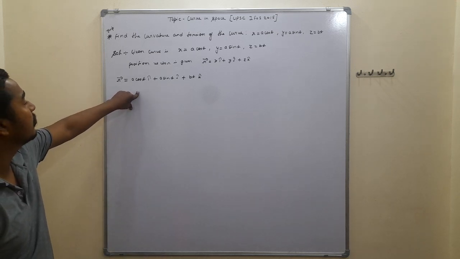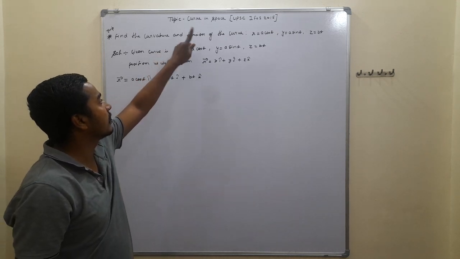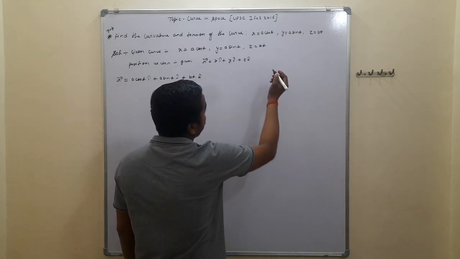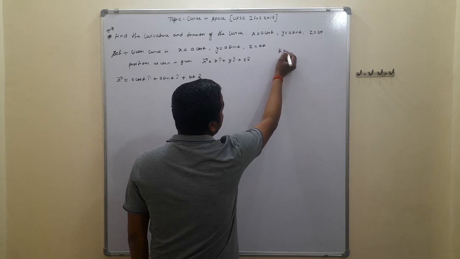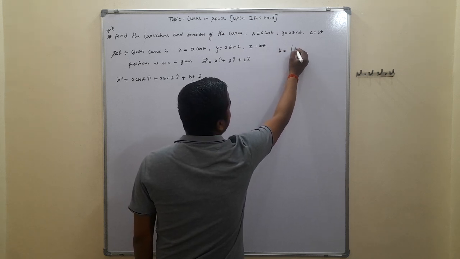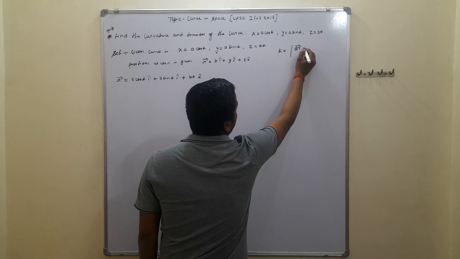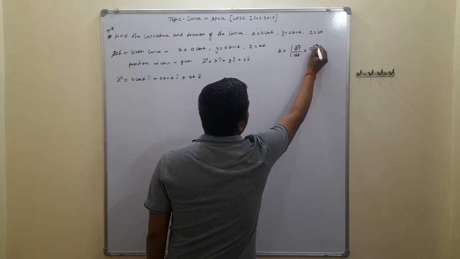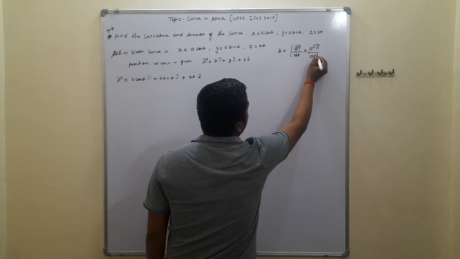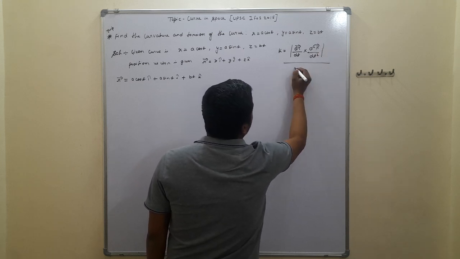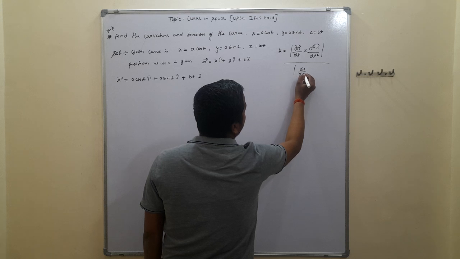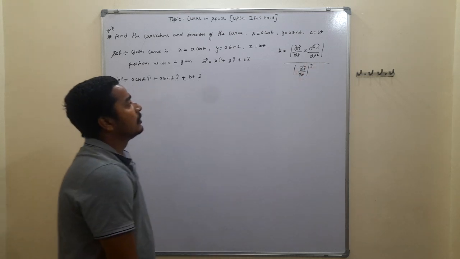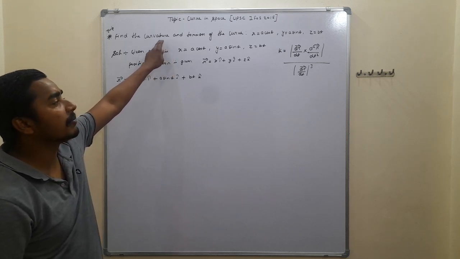In the given question, we have to calculate curvature and torsion. First we have to know the formulas used. Curvature is given by the mod of dr/dt cross d2r/dt square upon the mod of dr/dt whole cubed. This is the formula for calculating the curvature.